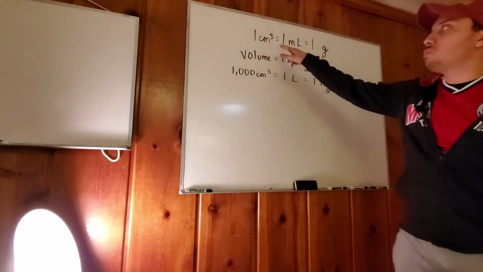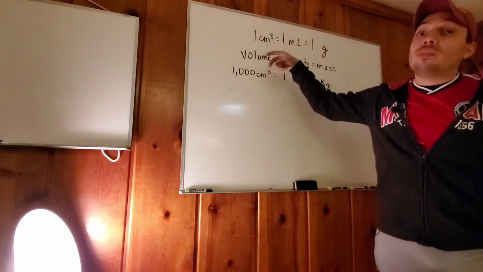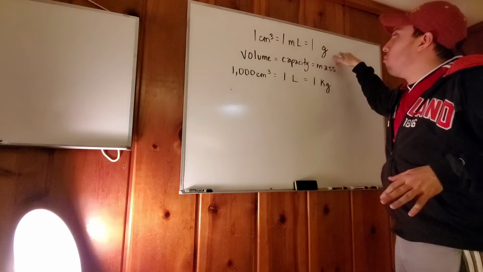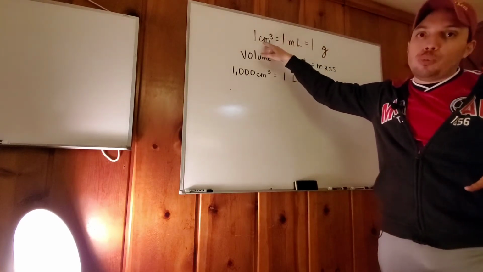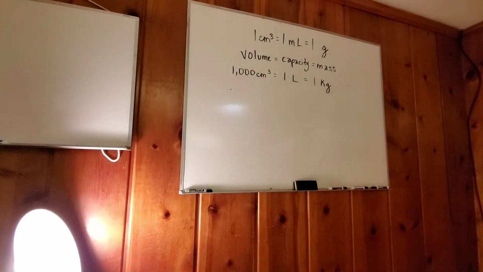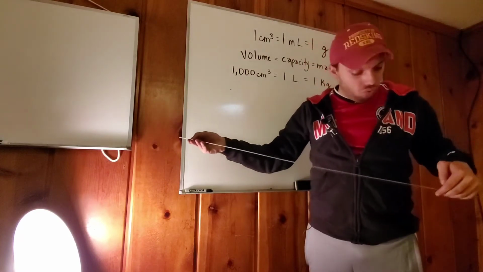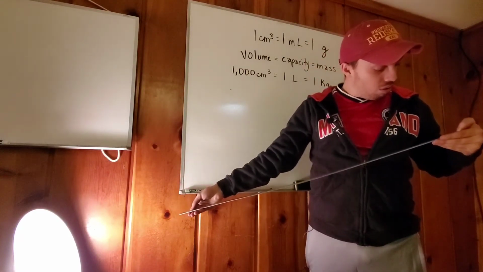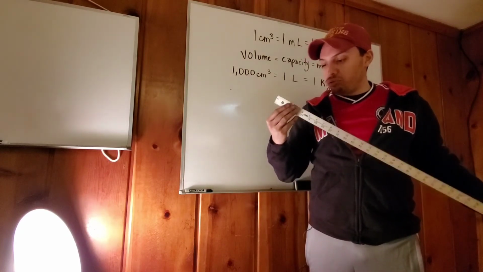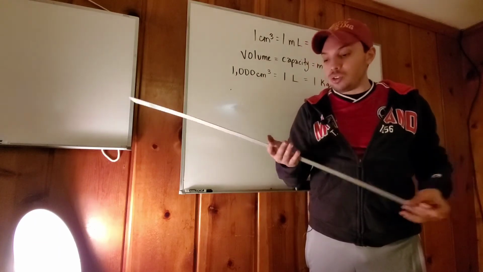All right, so first things first, look at what I put. I put volume equals capacity equals mass. So what I put is the equivalency, the things that are equal to each other when we're talking about the different things. So 1 centimeter cubed, if you look at a ruler, I think I have my pocket ruler around here. Voila, pocket ruler. This one doesn't have any centimeters. This is a yardstick, and it's all in inches.